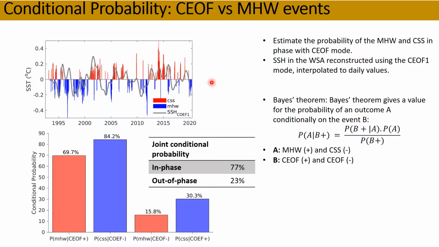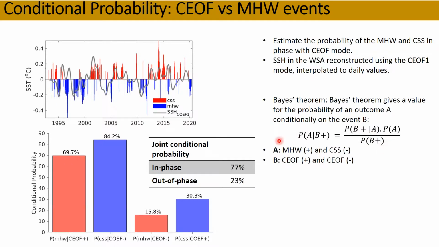The Bayes theorem is one of the most used methods to calculate events, in which you have the event A conditional to, for example, the sign of event B: the probability of both events happening at the same time, multiplied by the probability of the first event, divided by the probability of the second event.